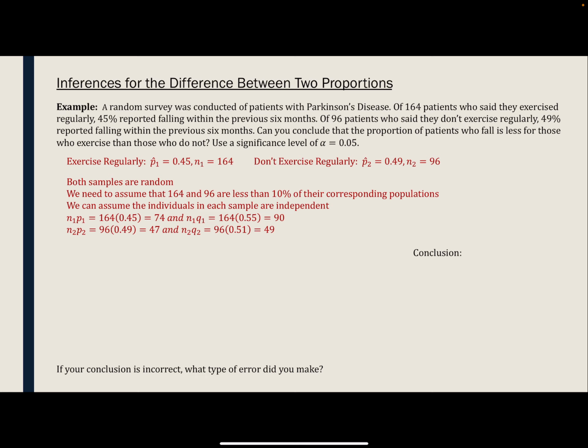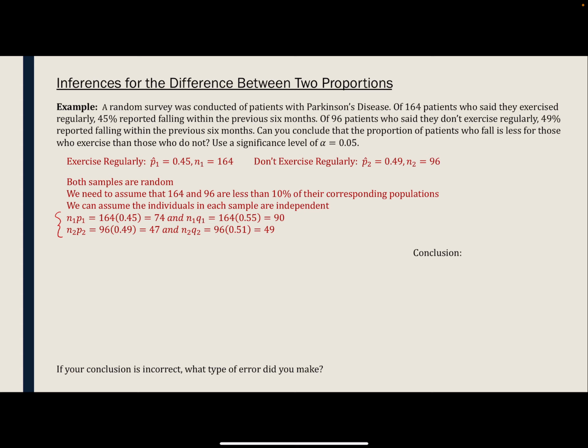Whenever we're talking about proportions, however, we have to check this success-failure condition. So we take the sample size times the proportion to find the number of successes, and we have 74 in this first sample. And then the sample size times q1, which is the complement of the proportion, and we see the number of failures as 90.